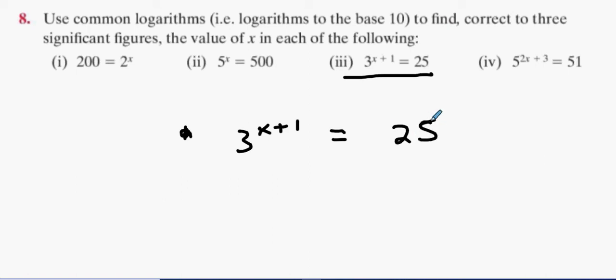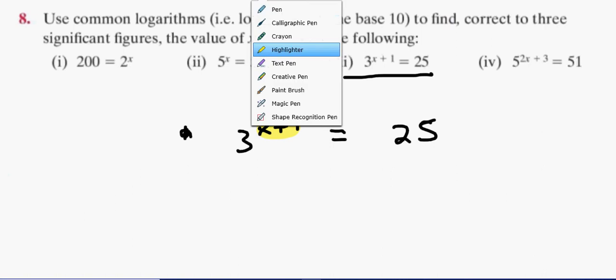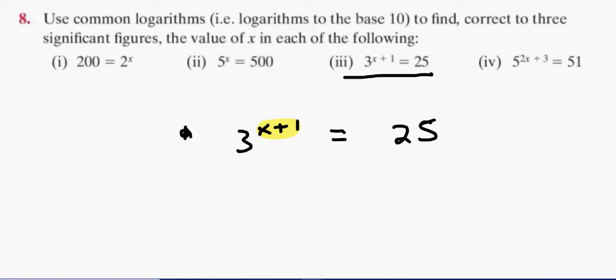Here's the issue. The power is in the indices. What do I need to do to both sides? We did it earlier today. Log both sides. And when you log it, it's automatically log base 10. Anytime I'm doing a solve question and the letter is in the power position, I log both sides.